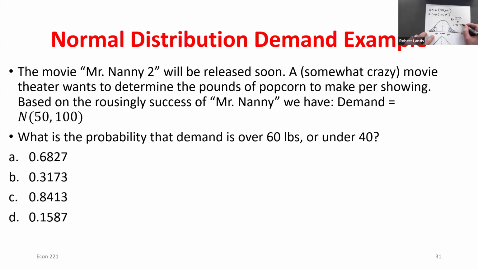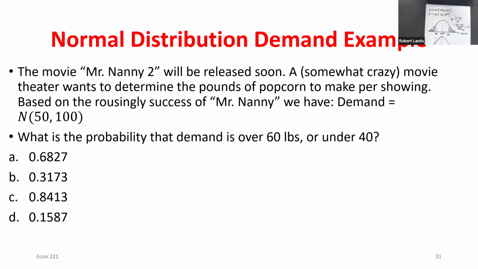What's the mean? 50. What's the standard deviation? The variance is 100. Standard deviation is the square root of that, or 10. So negative 10 over 10, this would be a z value of -1.